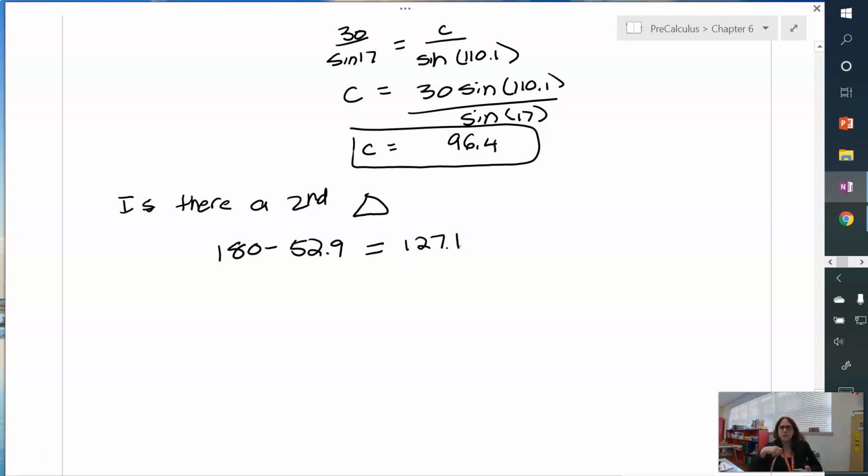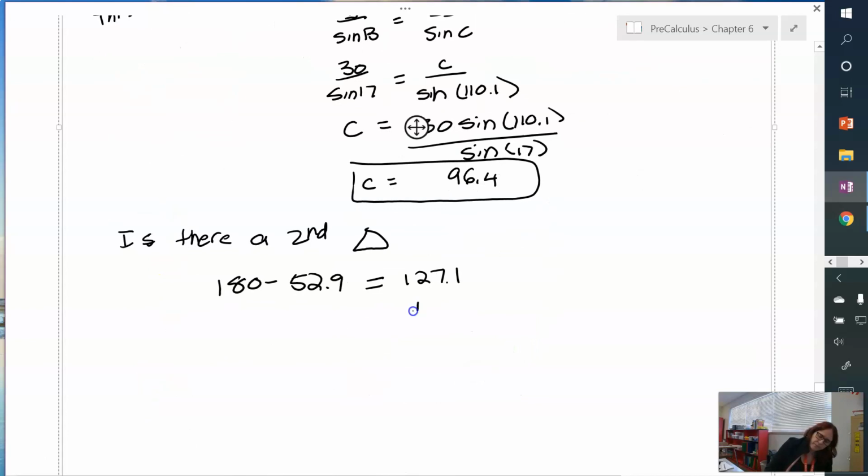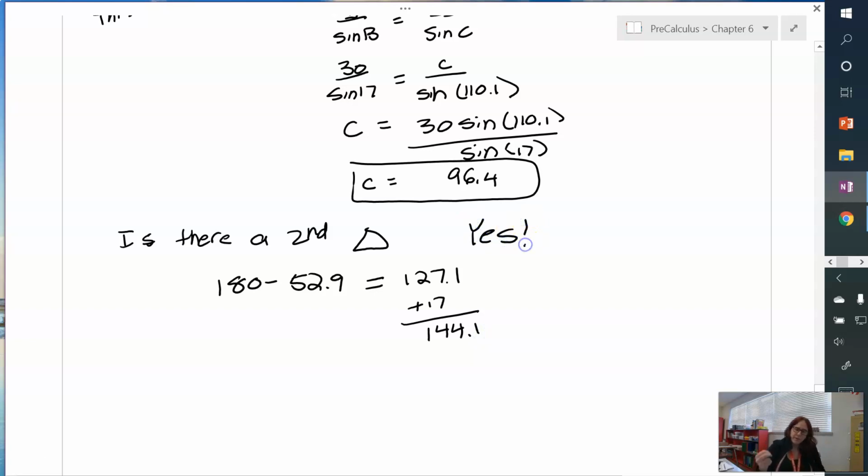Now I need to make sure that if I add in the angle B that was originally given to us, which is 17, that I'm going to be less than 180 degrees. So let's add in our angle B. And I get 144.1. So yes, there is a second triangle, because this is less than 180.